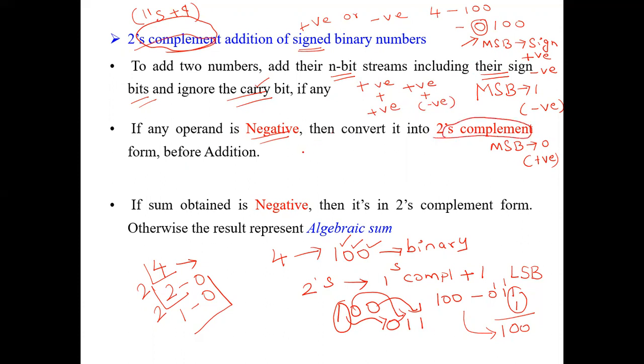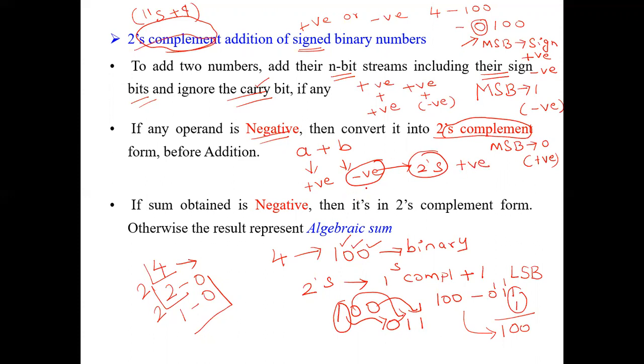For example, A plus B, where A is a positive number and B is a negative number. I have to convert the negative number into its 2's complement. That is what they are trying to say.